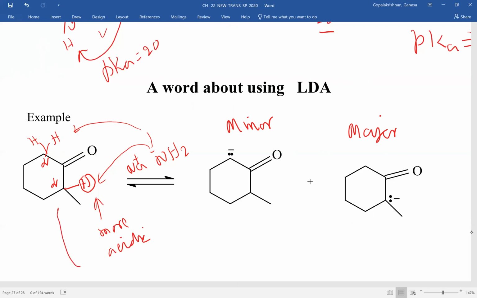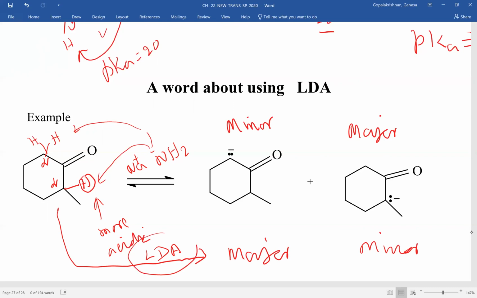But if you use LDA, the same two will be formed. But this will be the major, this will be the minor. Why? LDA is a bulky base.